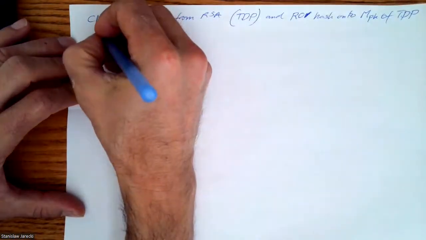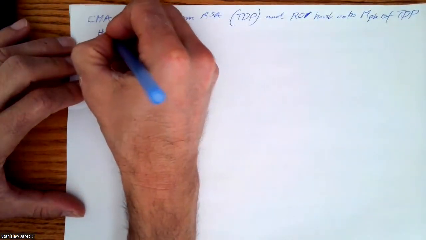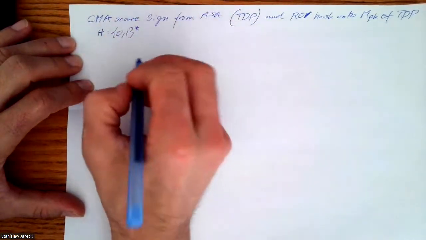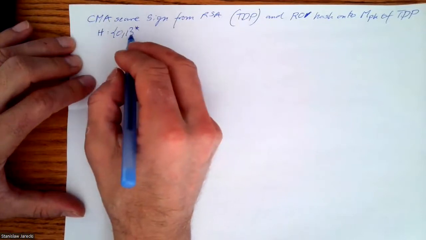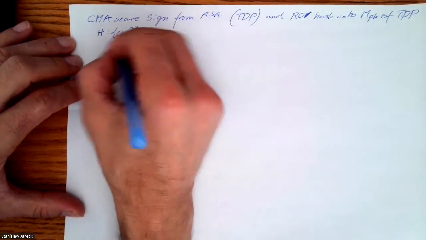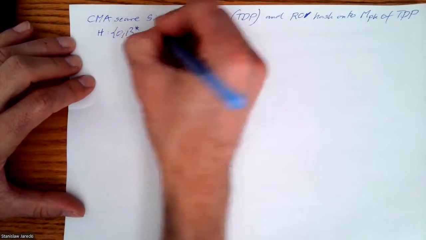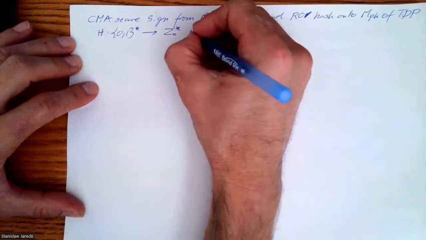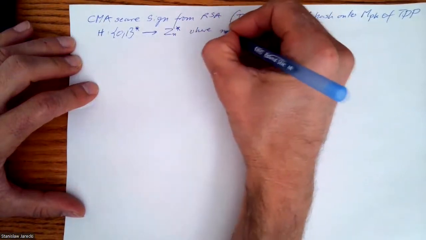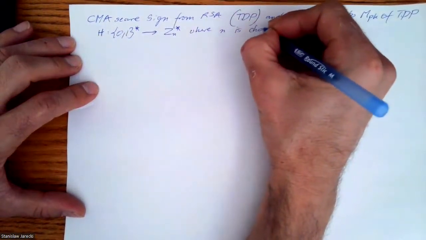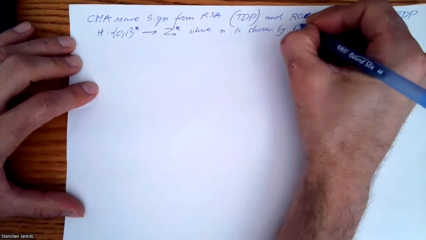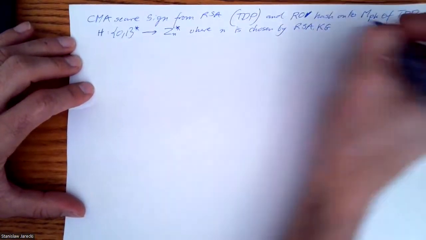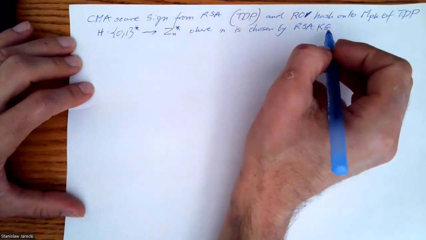So let H be a hash function that takes any bit string and outputs elements that are random in Z_n star, where n is chosen by RSA key generation. Okay, by the RSA trapdoor permutation key generation.